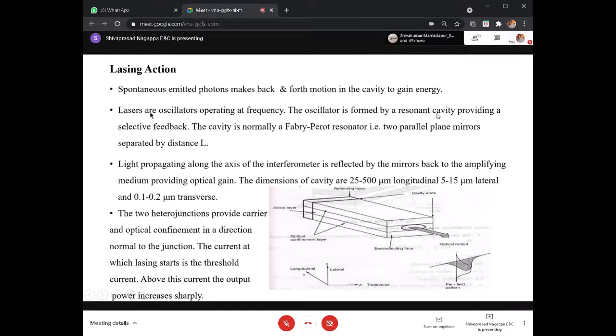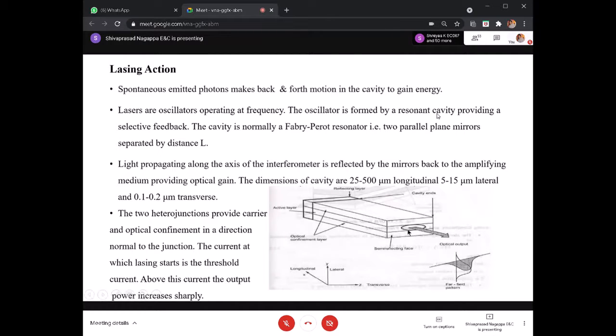Okay, these lasers are just like oscillators. They will be operating at a frequency f. How is this oscillator formed? This oscillator is formed with a resonant cavity, providing a selective feedback.